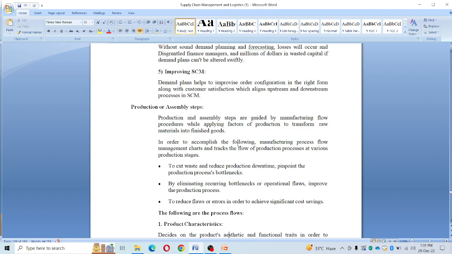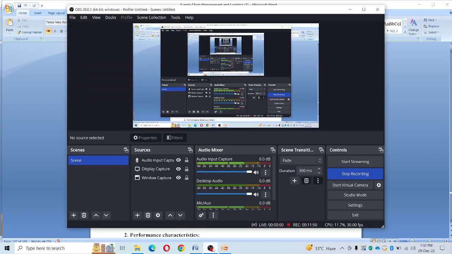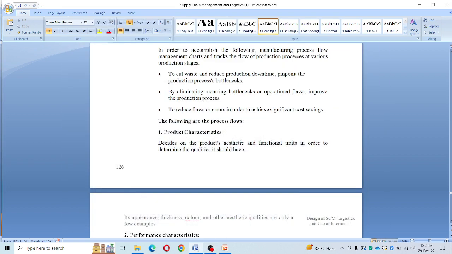So manufacturing process flow management charts will be made here in order to see whether you can cut down on the waste, whether you can eliminate recurring bottlenecks of operational flaws, whether you can reduce all kinds of errors which exist in the production of goods and services.